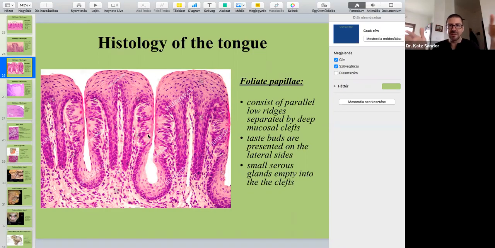In the foliate papilla the taste buds are at the lateral sides, and between two foliate papillae we can find deep clefts, also lined by stratified non-keratinized squamous epithelium. Looking at the foliate papilla, we can find this W-shaped invaginated connective tissue, which is really typical for the foliate papilla.